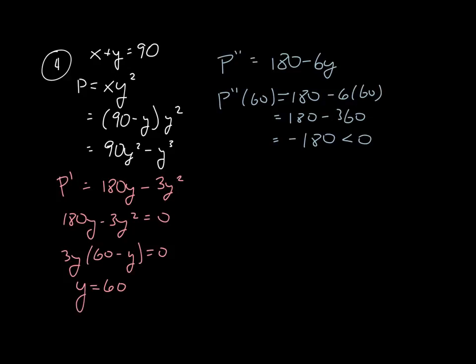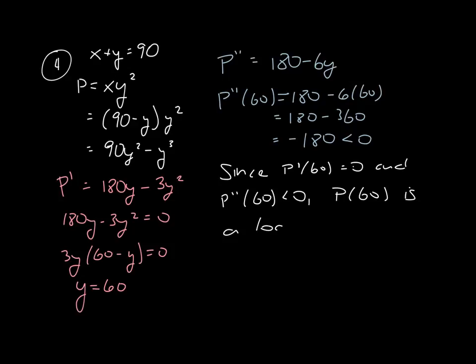Okay, so that's good news, so we have our local maximum. So one integer must be 60. That means that the other integer must be 30. But we're asked only for the greater integer, so we say the greater integer is 60.